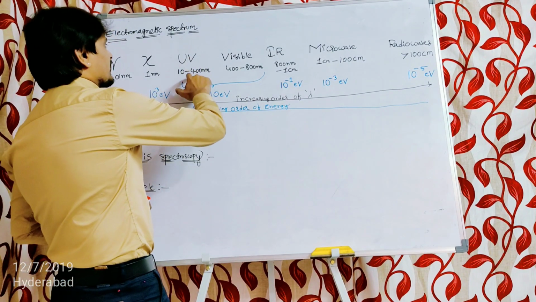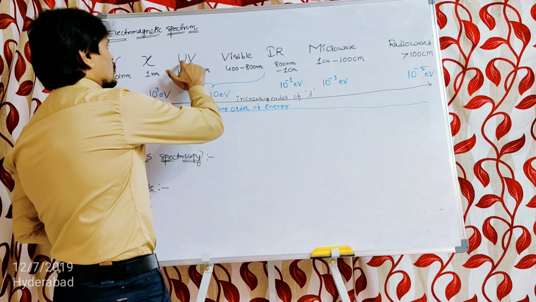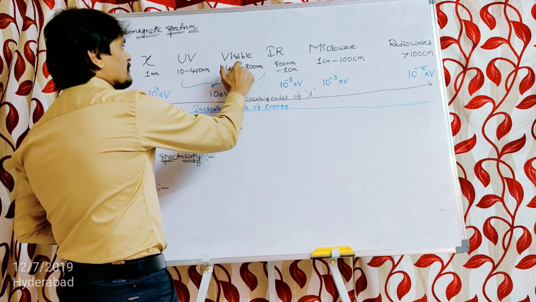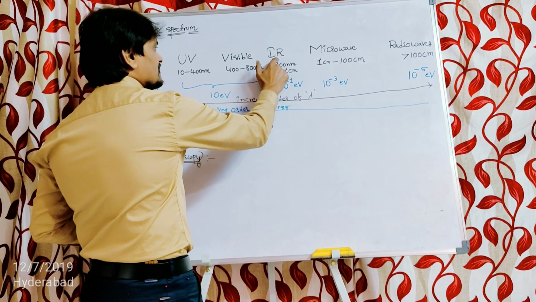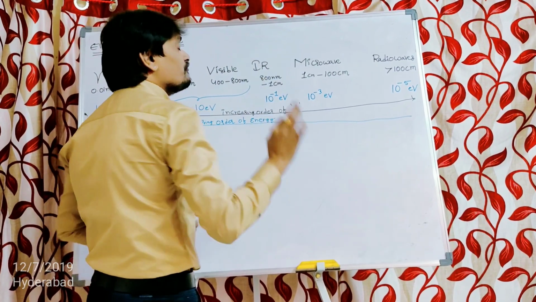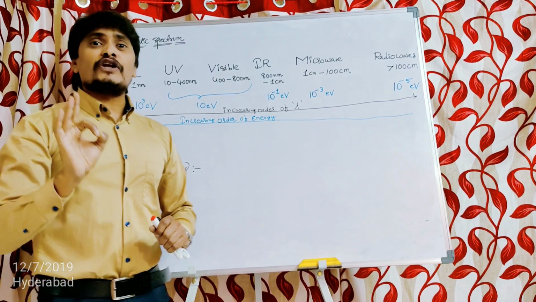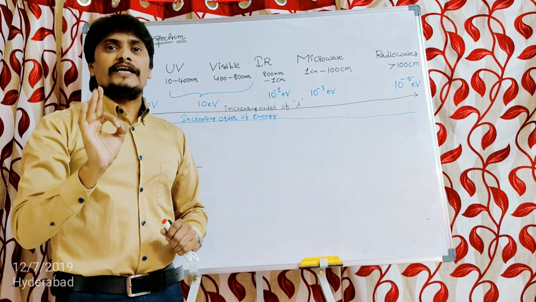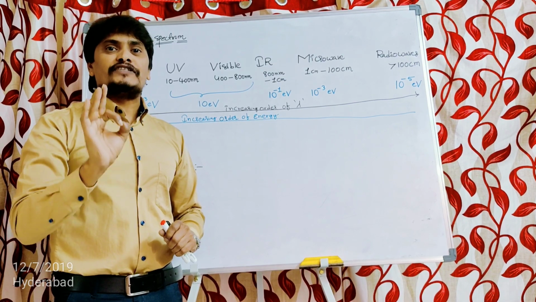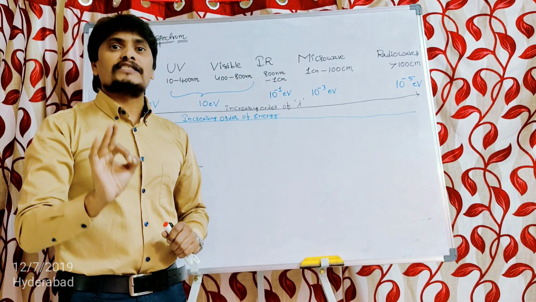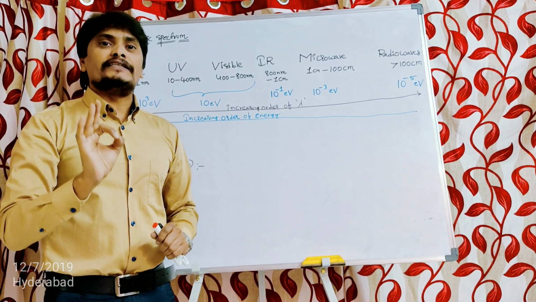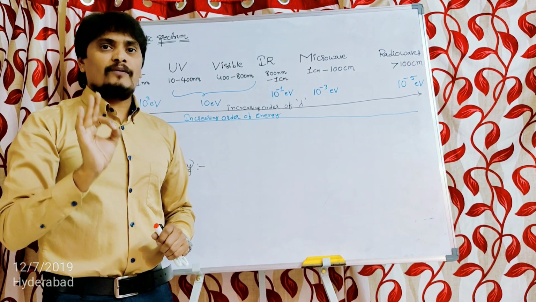These radiations, the ultraviolet radiations, visible radiations, IR radiations, and microwave radiations, give the information about the structure of the molecule. Hence, the spectroscopy related to these radiations is called molecular spectroscopy, which I have clearly explained in the previous video.